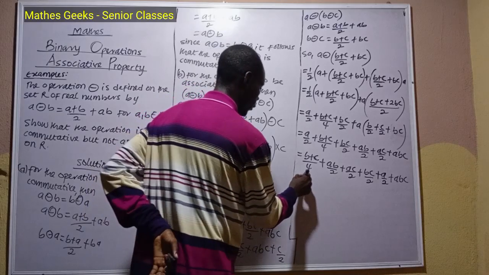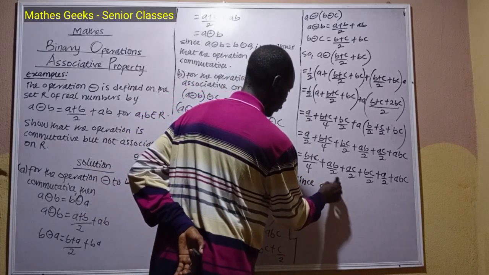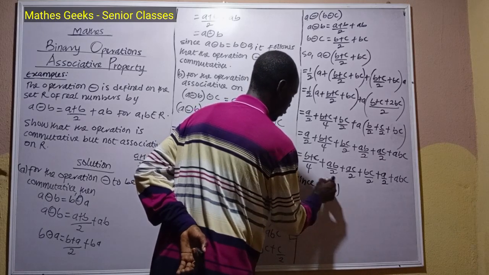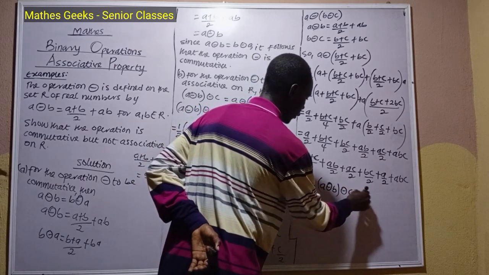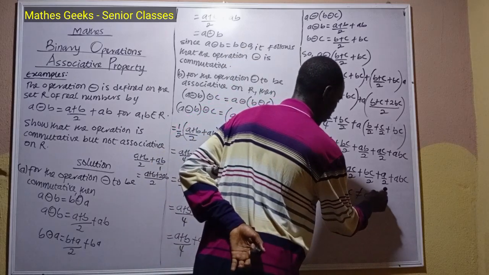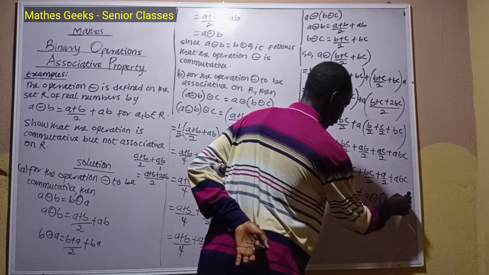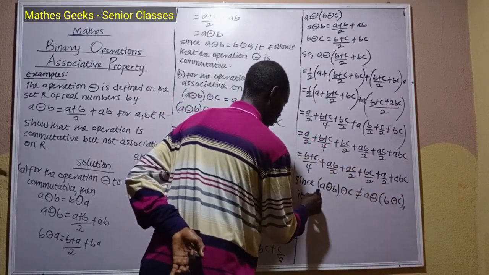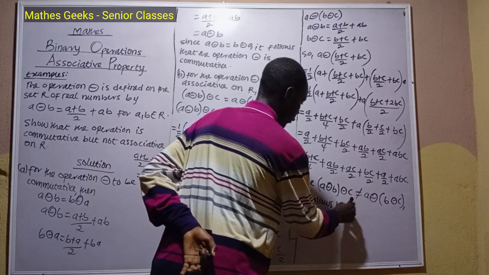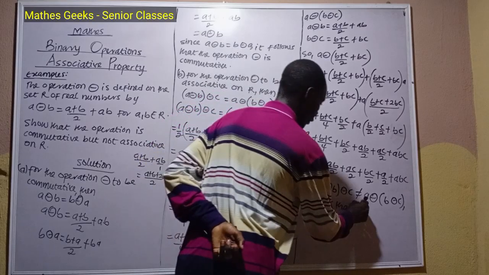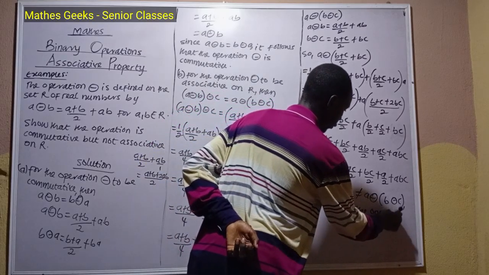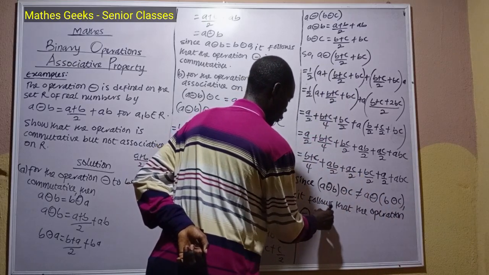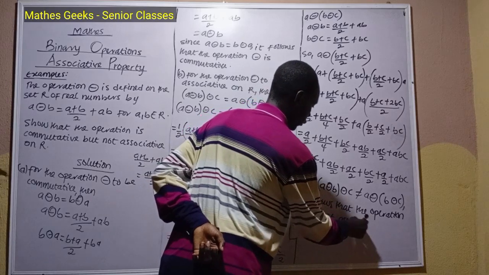So it says since A operation B operation C is not equal to A operation B operation C, it follows that the operation is not associative.